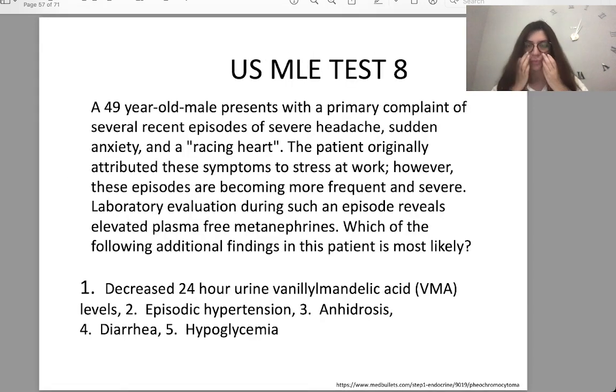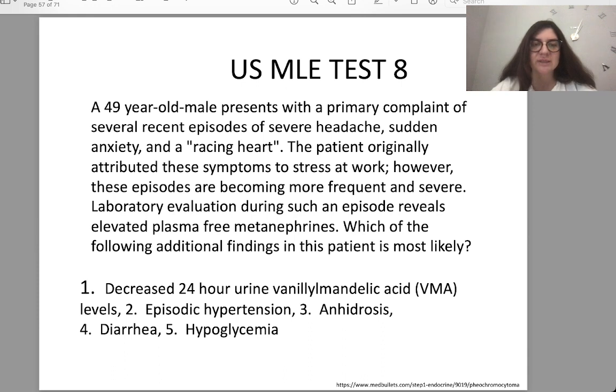Test 8 for you about pheochromocytomas. A 49-year-old male presents with a primary complaint of several recent episodes of severe headache, sudden anxiety, and racing heart. The patient originally attributed these symptoms to stress at work. However, these episodes are becoming more frequent and severe.